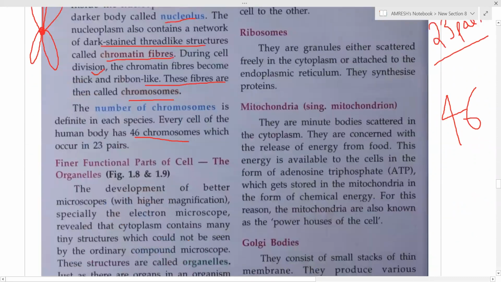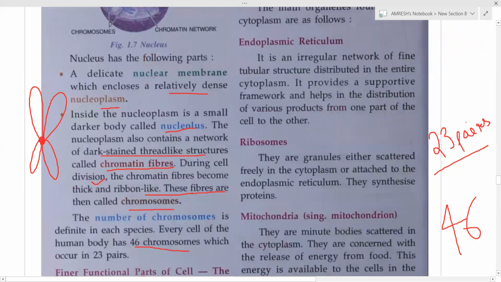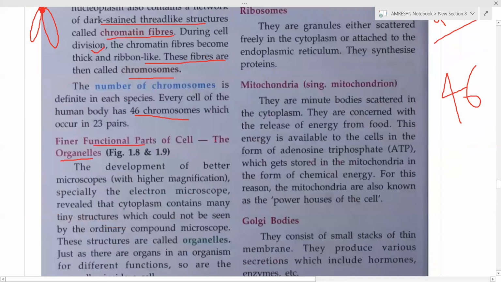These parts of the cell are known as cell organelles. It means the cell is also made up of cell organelles, the finite functional parts of the cell. We will read this in the next class.